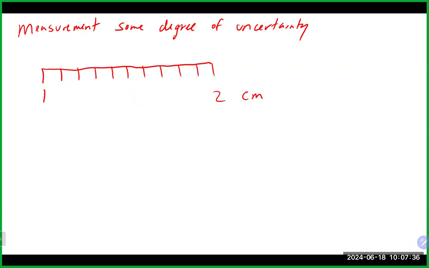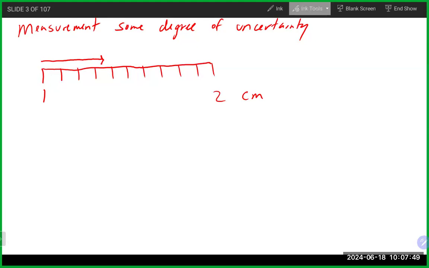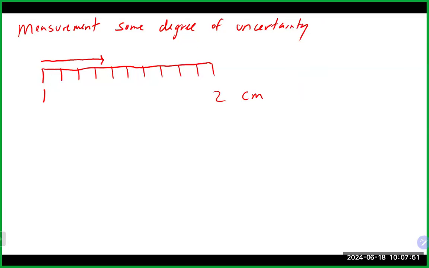Let's say we wanted to measure my arrow here. We'll go right about there. And we have this ruler. Whenever you take a measurement, it's really important to do two things. When you look at the scale, and that's why they put the scale on these things, you want to figure out two parts to it.